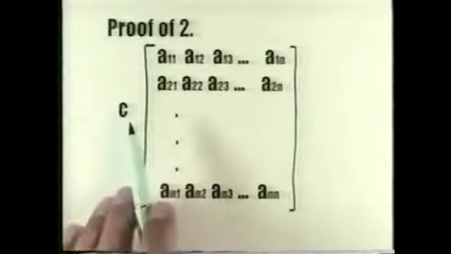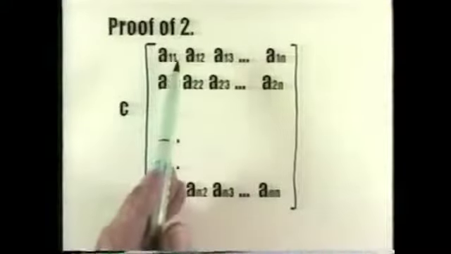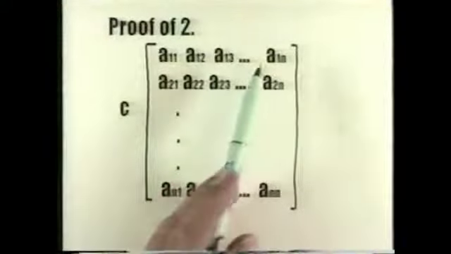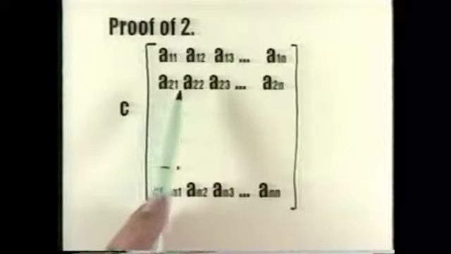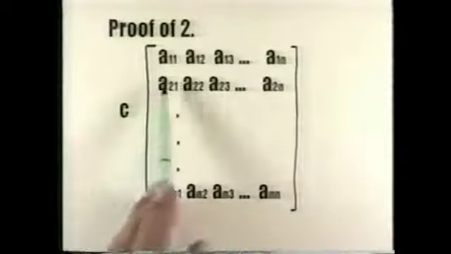So, proof of 2. Let's start with CA. I'll let A be the matrix A11, A12, A13 out to A1n, A21, A22, and so forth. We have an n row, n column matrix, so it's an n by n square matrix, where the little a's are each of the entries.